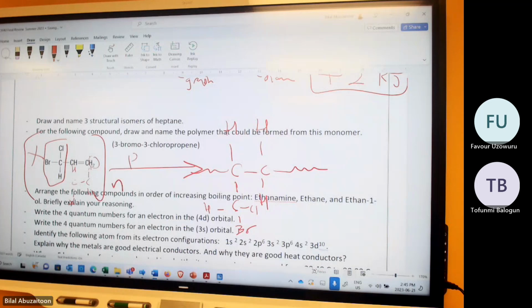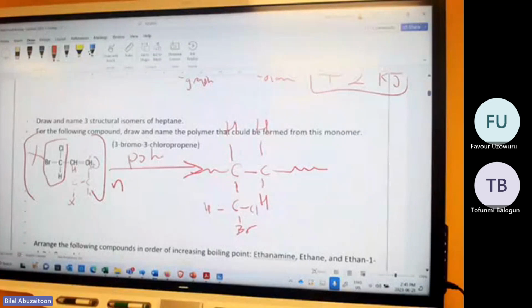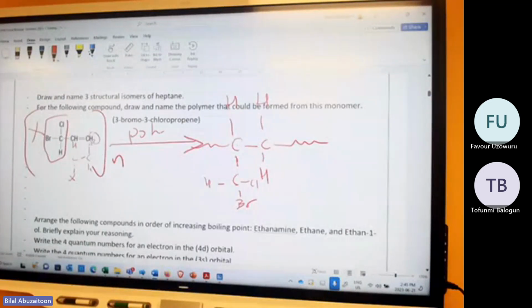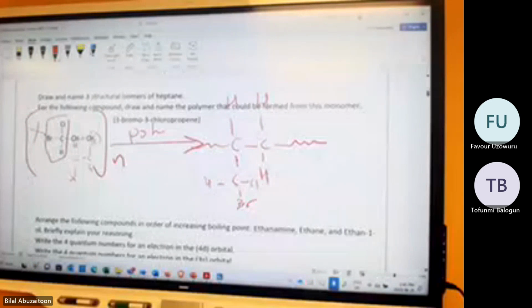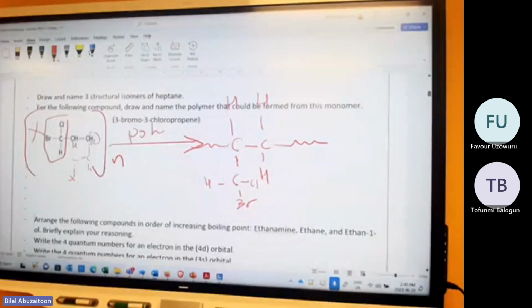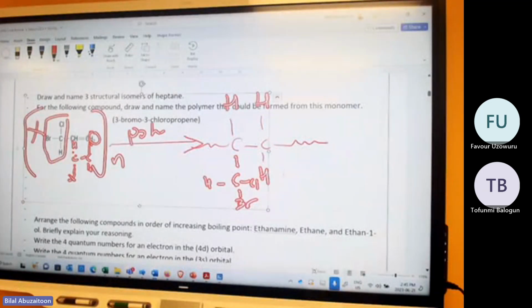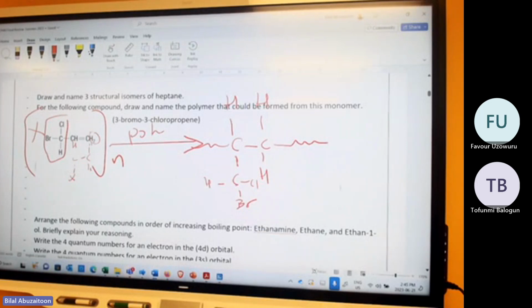Okay, polymerization. All right. Clear? Guys, please, if you want me to go over it again and again, please ask me. The purpose of this review is to remind you of the main ideas, how to deal with some questions, and some points where you might make mistakes. Clear?